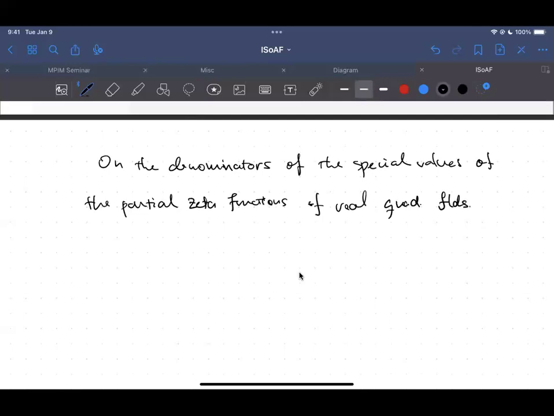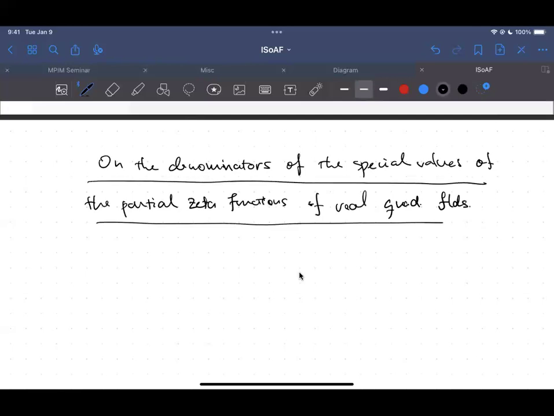As the title says, it's about the denominators of special values of partial zeta functions, which are known to be rational numbers. I study these as a small application of Carter's work on the denominator of Eisenstein homology classes. This is joint work with Ryotaro Sakamoto.